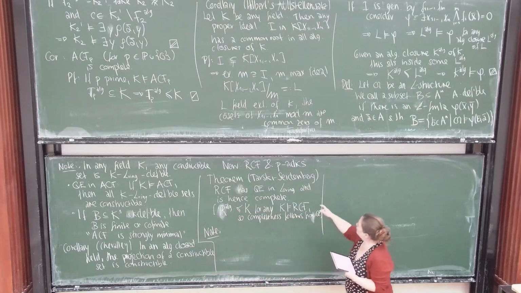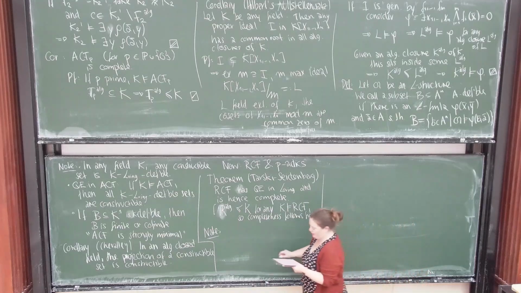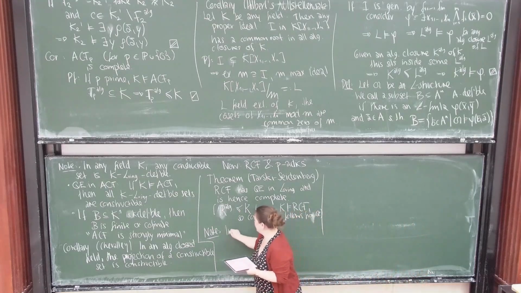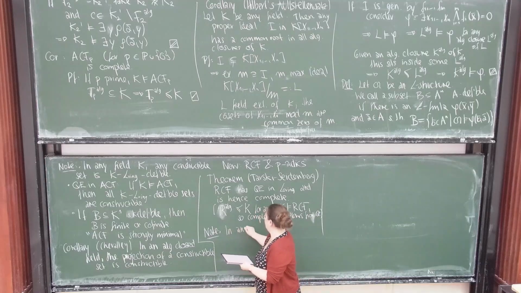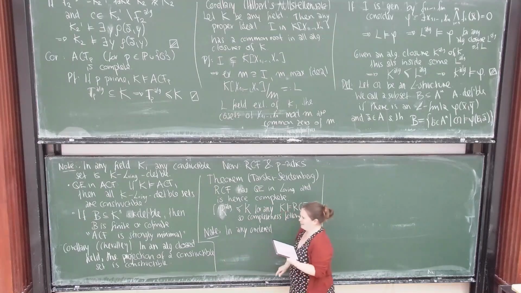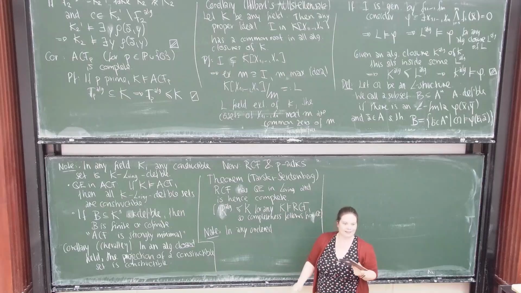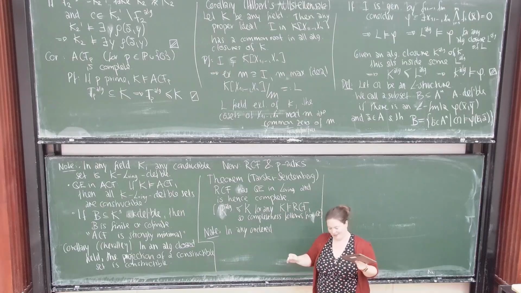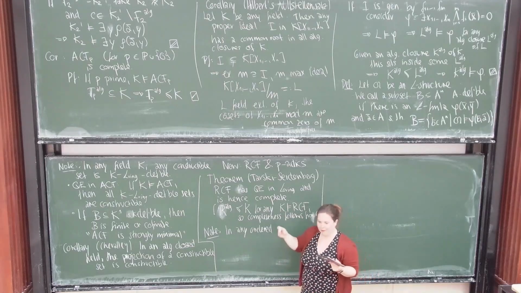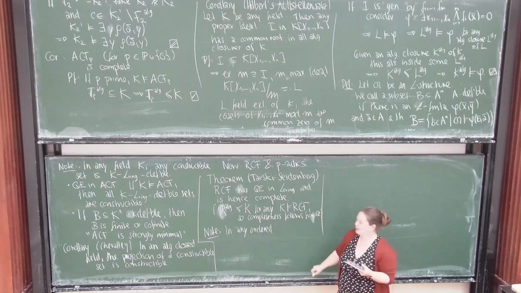So what's the analog of the constructible sets in the real world? It's semi-algebraic sets. These are given by polynomial inequalities: multivariable polynomials being greater or equal to 0 or being equal to 0, and Boolean combinations thereof.